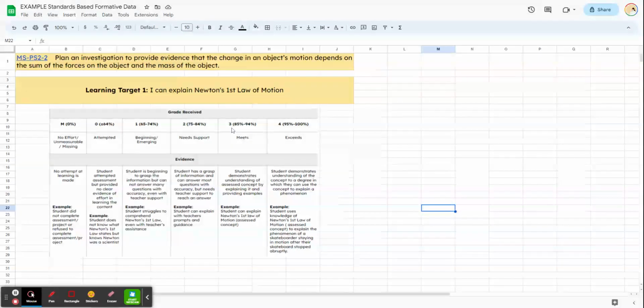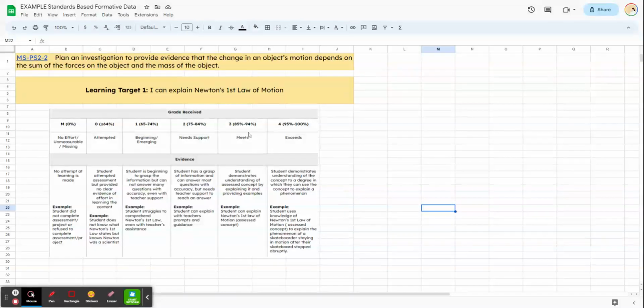Now, if my student meets the standard, but they're not quite able to put it into a specific phenomenon, then they have a 3 because they meet it, because they can explain Newton's first law of motion, but they're just not able to fully apply it to life experiences.